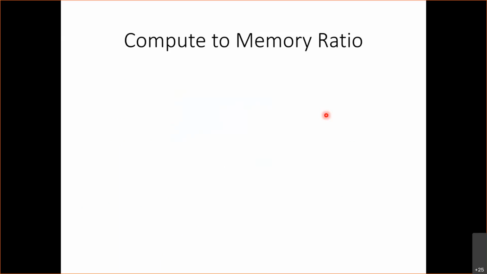Assuming that we implemented tiled convolution, let's look at the compute to memory access ratio. If we have an M by M mask, what is going to be the compute to global memory access ratio for the non-tiled version? Let's start with the non-tiled version.